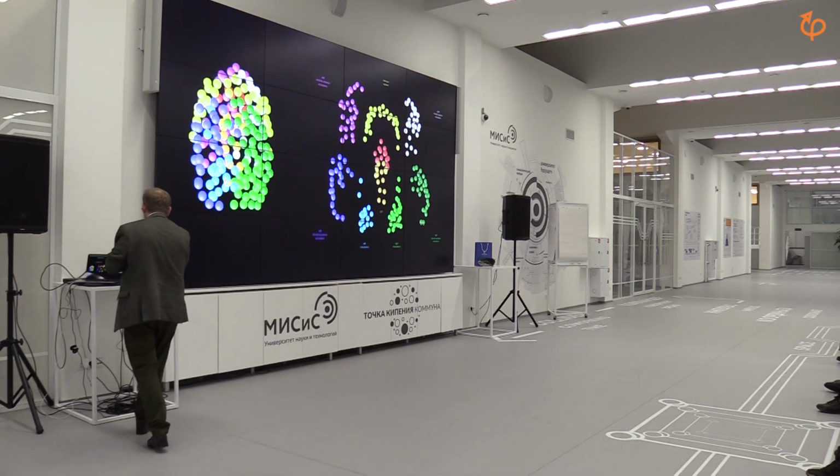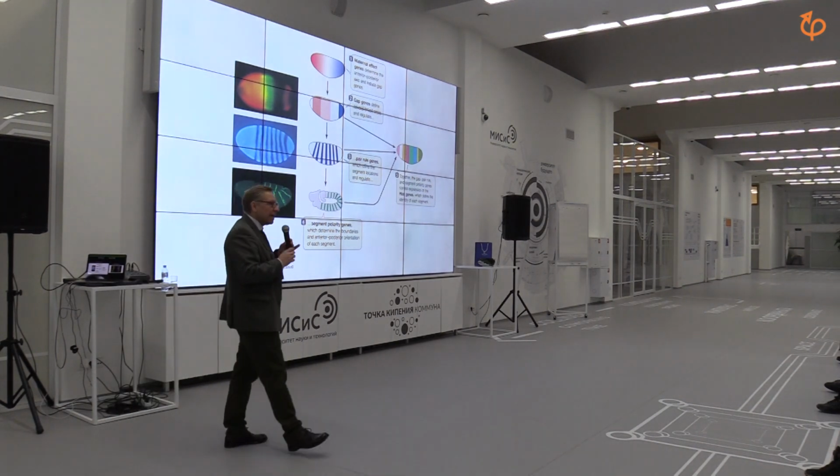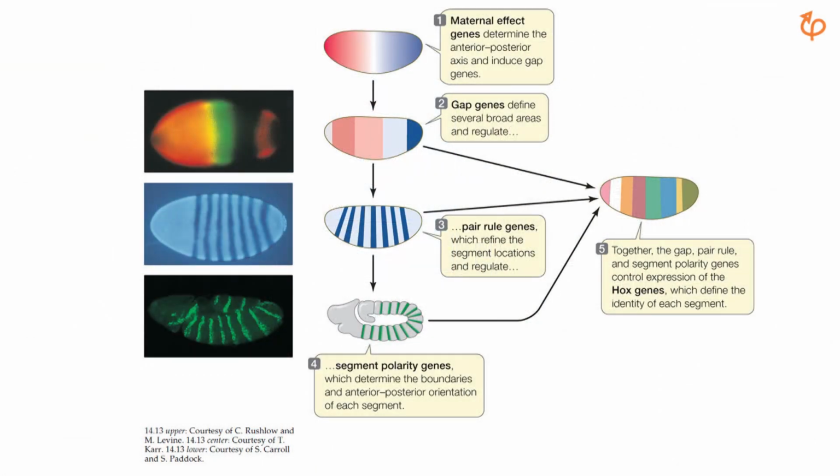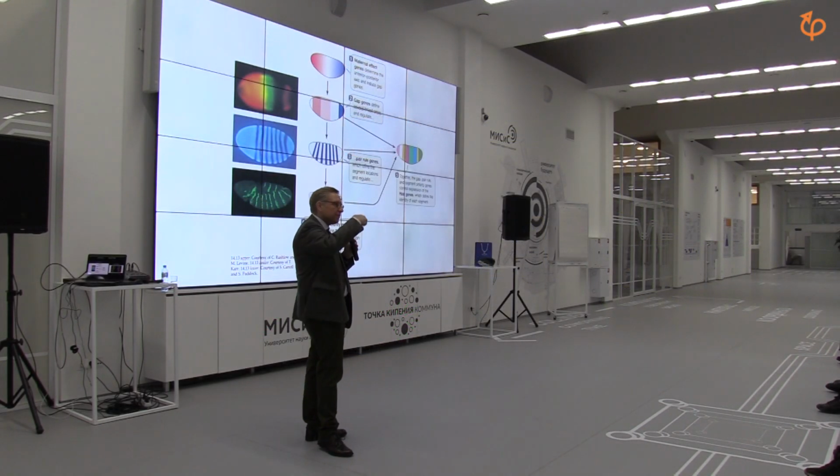And here is an example again from the fly, showing in which phases it is subdivided and how this information is transferred to the cells. We see these colorful embryos, and the color of these photos shows the expression of a specific gene, a transcription factor, which is informing the cell of what to become.